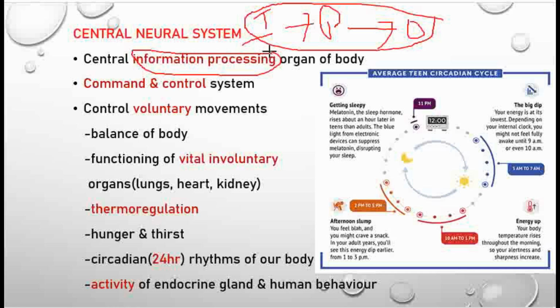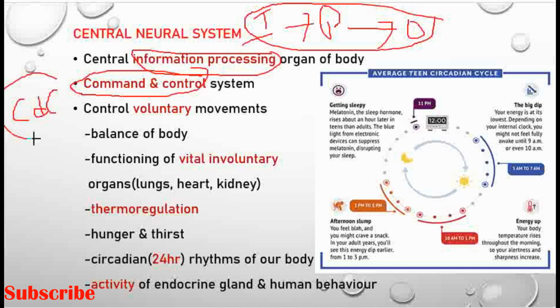So it also acts as a command and control system. It gives commands and it also controls all the events that occur in our body. It also controls the voluntary movement.